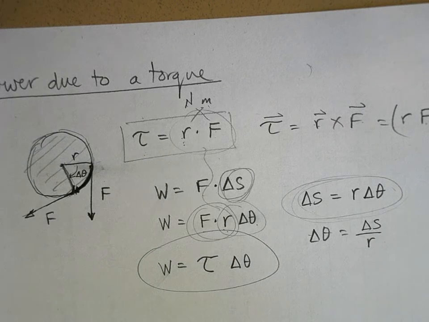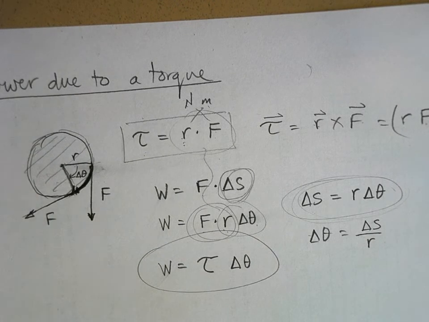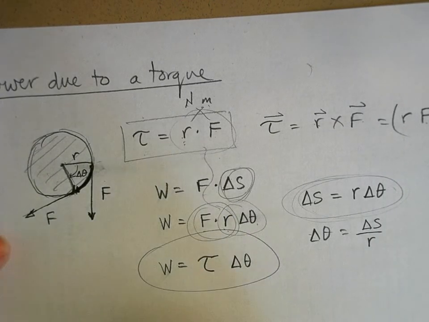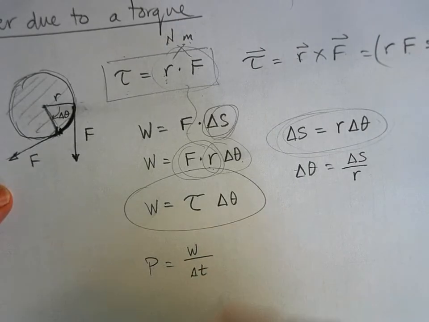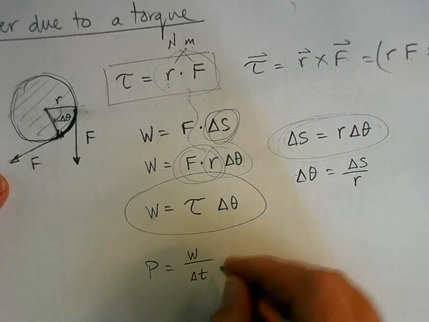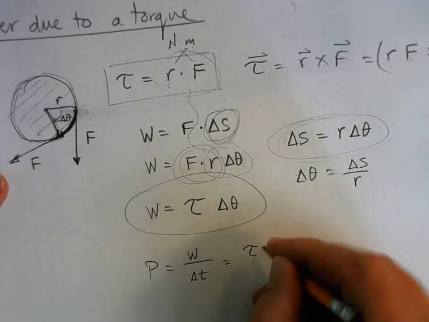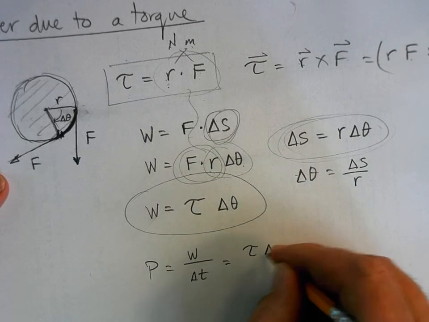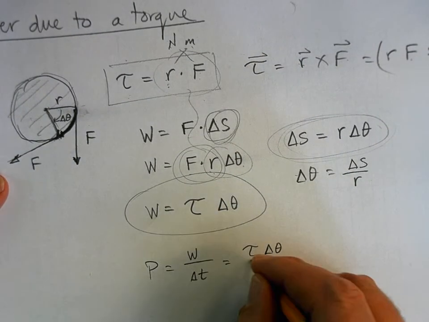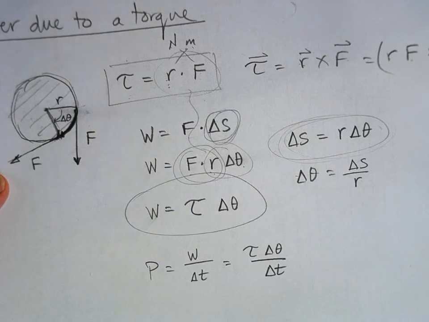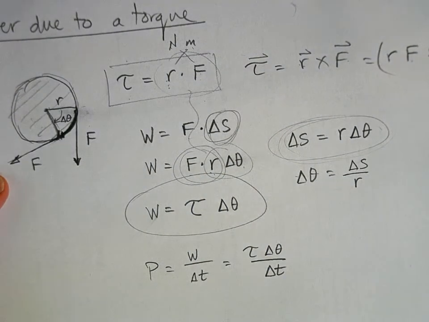Now, we just said that power is work over time. So power equals work over time. Well, now the work is the torque I apply times the angle through which I twist, divided by time. Well, what is this?